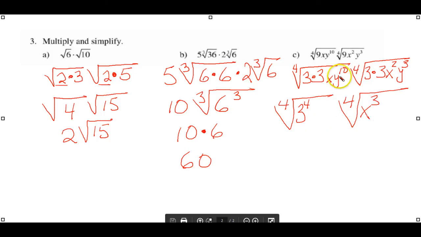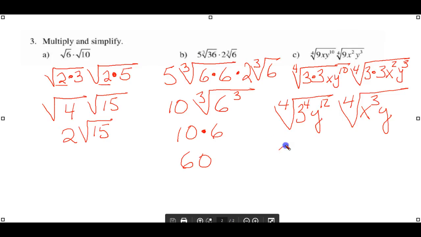Now I have y to the 10th and y to the 13th. Well, y to the 3rd is y to the 13th, and a perfect fourth is y to the 12th. That is a multiple of 4, and there's one y left over. So x to the 3rd, which is right there, which is not a perfect fourth, y to the 13th, but then I'm putting my perfect fourths under one radical sign and whatever's left under the other.